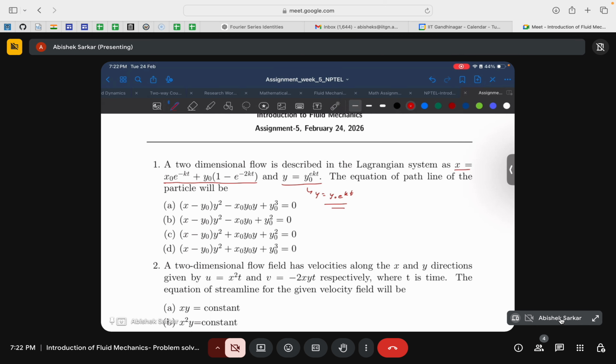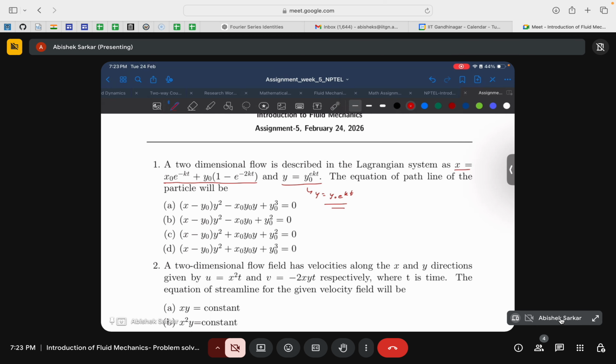Two more minutes. I hope you're trying it out. Just give it a try. Just substitute the values of x and y in all of the options. You will see that the first part, x minus y naught times y square, is common for all the options. The general practice would be to find an expression for t from the y equation, then substitute the value of t in the expression for x, and you get the same results.